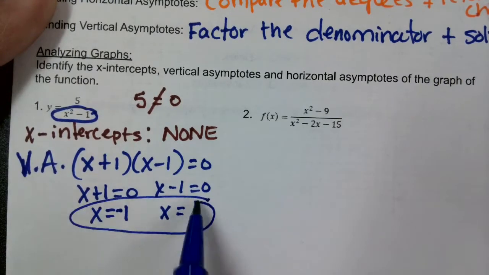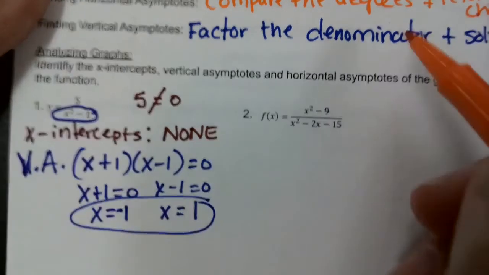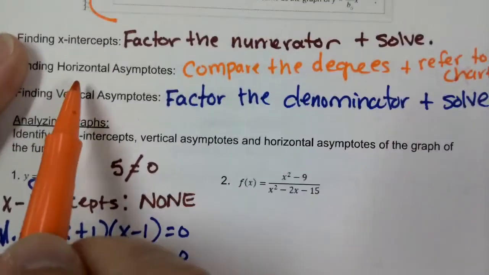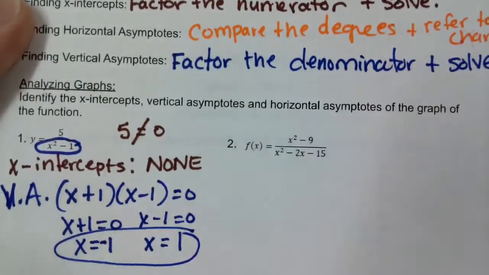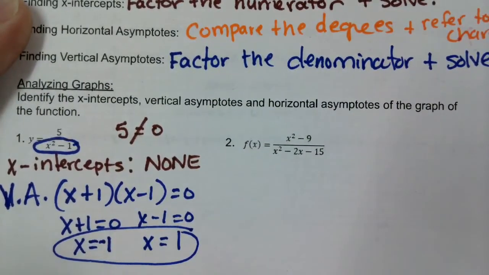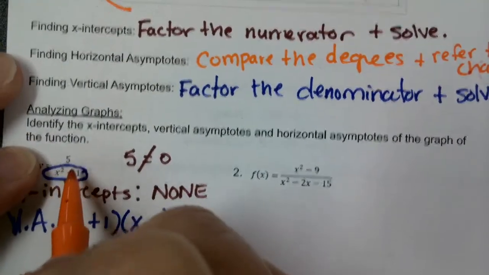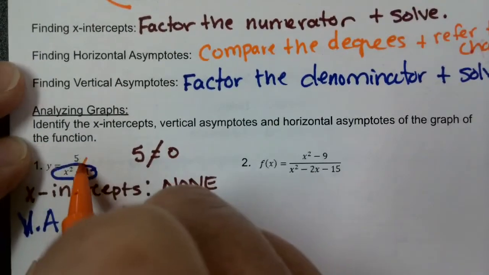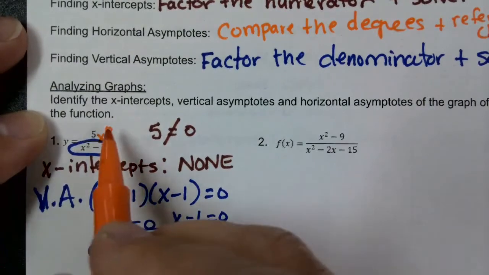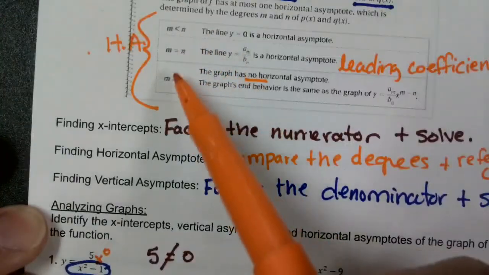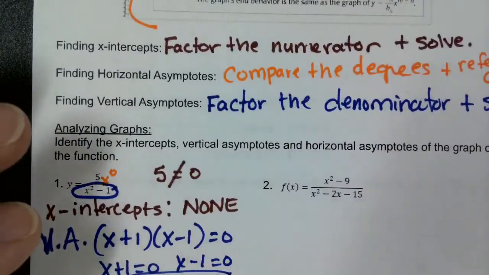Then we're going to look at our horizontal asymptote. So remember, we're going to compare the degrees. For the horizontal asymptote, I have a degree of 0 in the numerator. This is the same as having x to the 0 power here. So my m, if we're referring to the chart, is 0.